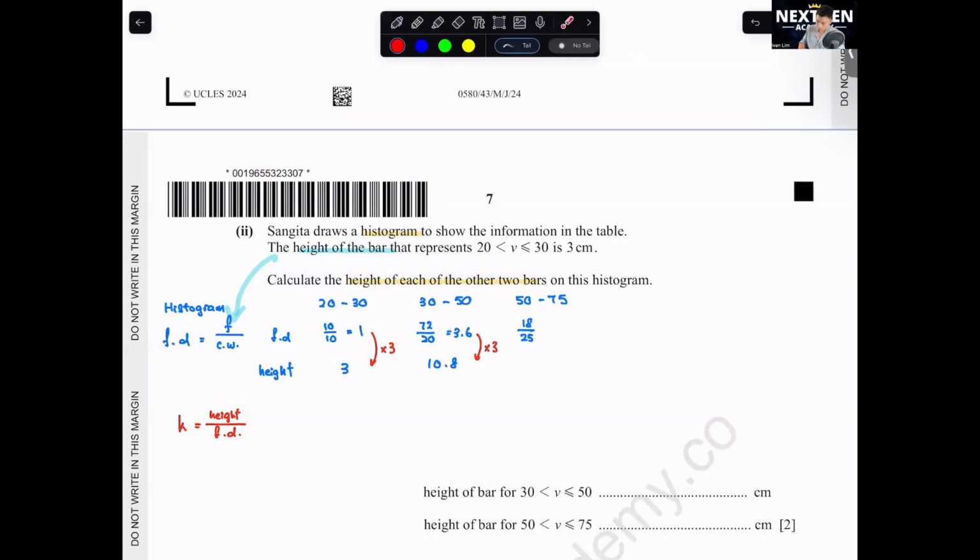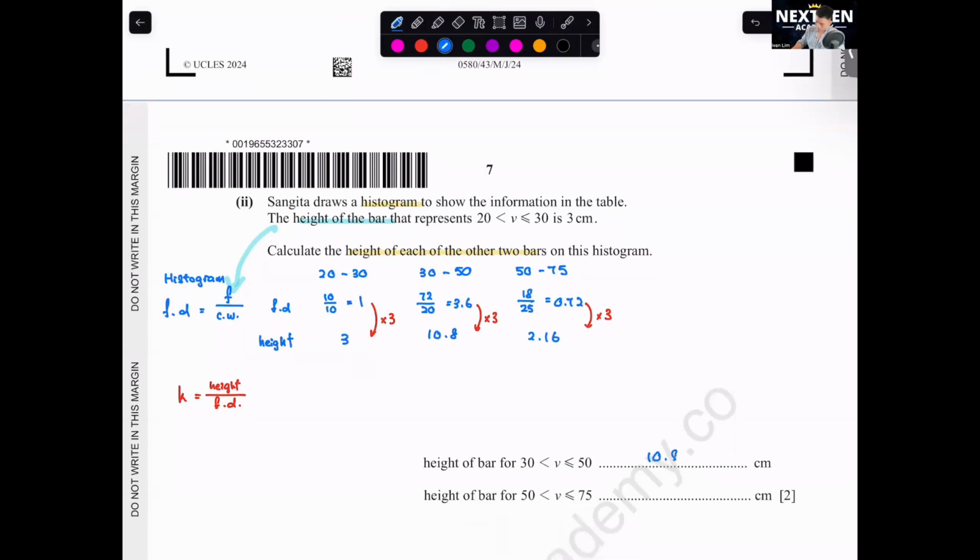You all know how to find class width? Class width is these two minus each other. So the bottom one is the class width. Then here will be equal to 0.72. You multiply by 3, and you will get 2.16. So your answer is 10.8 and 2.16.